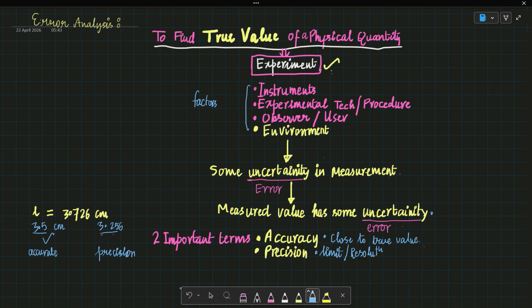So we want to be very sure that it is accurate, and accuracy means how close our observed or measured value is to the true value. And precision means what is the limit or the resolution of the instrument. Hopefully you can understand this.